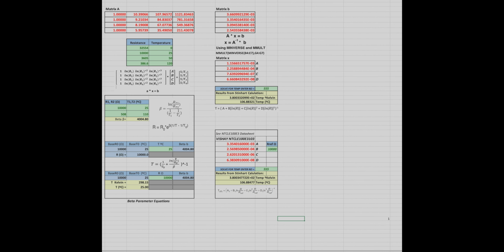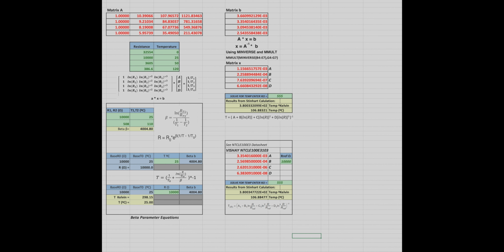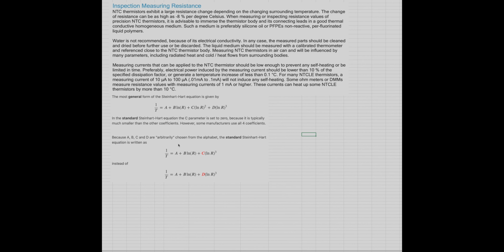So we have a spreadsheet for that also here. If you wanted to take 4 readings and come up with 4 coefficients, put them into the equation. This is the equation that works out to be, and you can do it that way. This is just a straight beta, which is the same as on the other page. And that last page is just notes on thermistors about measuring.